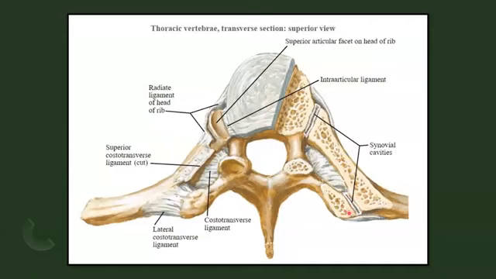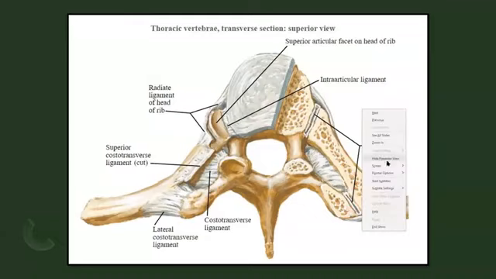So I like this view, and you can see the lateral costotransverse ligament here a little better, the costotransverse ligament proper there, and then the superior costotransverse ligament, which is cut in this view. So you see all portions of those costotransverse ligaments, as well as those synovial cavities, because remember, these articulations are synovial, diarthrotic, freely movable, plane gliding joints, right?